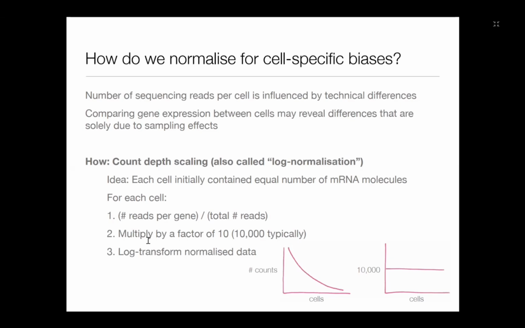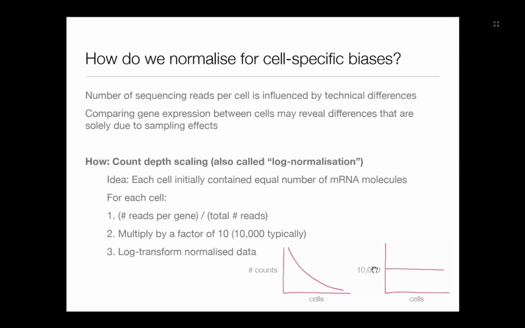Let's say for one column in the gene counts table, we go through it, and every number we divide by the total number of counts in that cell. Okay, and after the division, we multiply it by a factor of, for example, 10,000. That would mean after we do this for a cell, the total count would be 10,000.